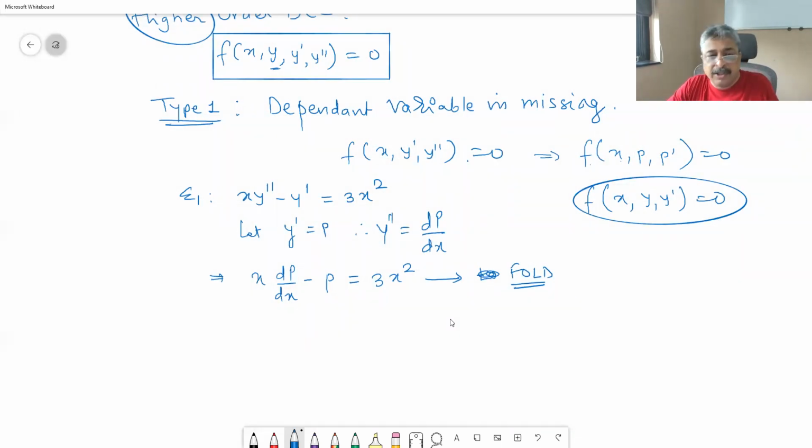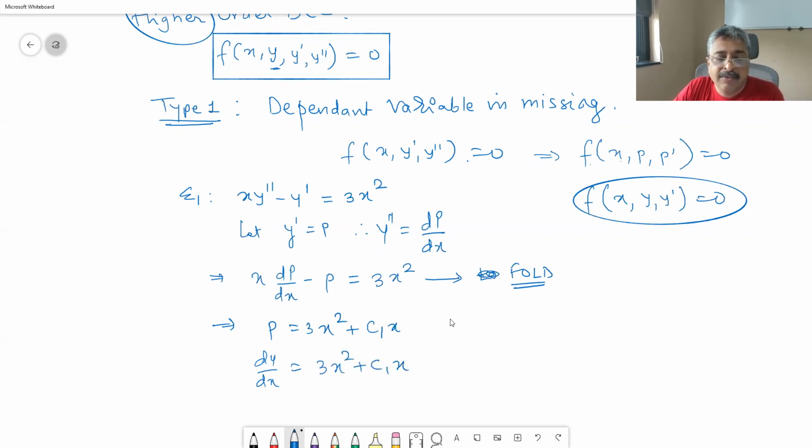Hence you can solve it very quickly by finding the integrating factor, etc. The solution of this will be p is equal to 3x square plus c1x. Now this is the first constant of integration that we have introduced, because we have really integrated it for the first time. Now p is dy by dx, which is equal to 3x square plus c1x, so we can take the integral of both sides, and we end up getting y is equal to x cube plus c1x square by 2 plus c2.